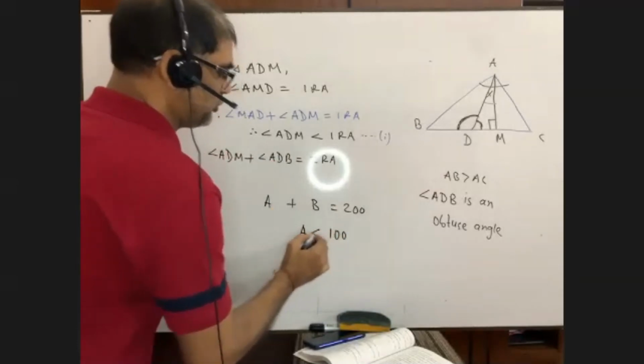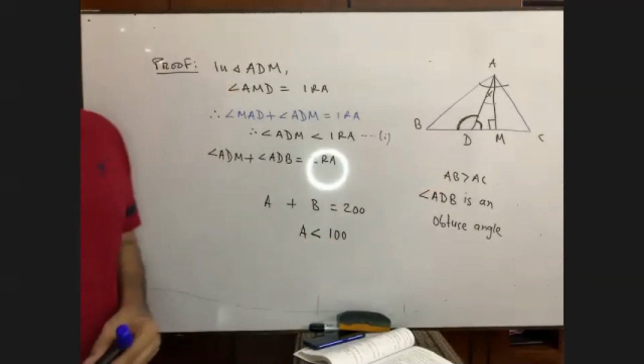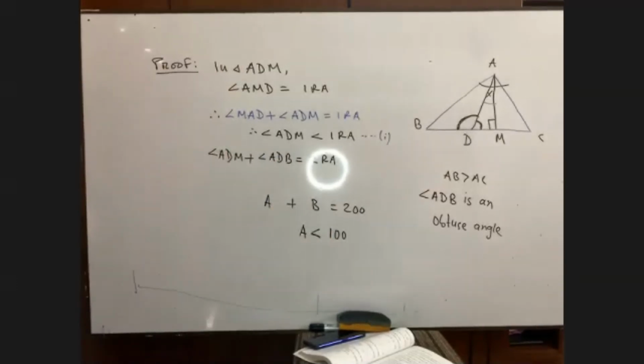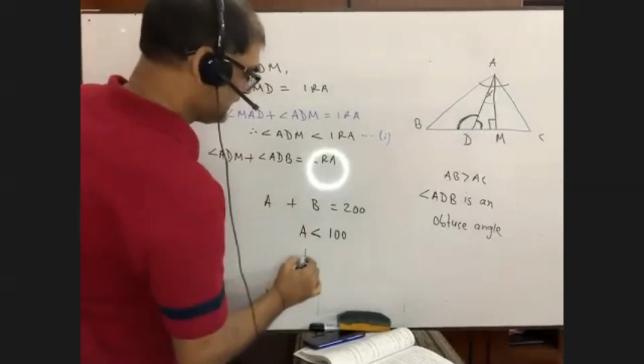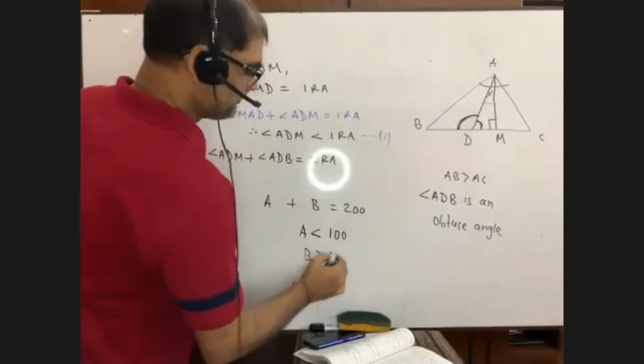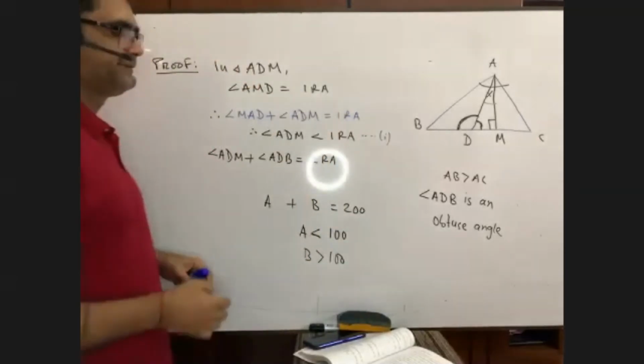Then can you tell me what's about B? More than 100, sir. What's about B? Let me know. More than 100, sir. The amount of B will be more than 100.